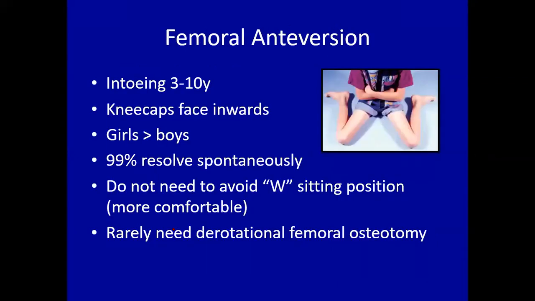So femoral anteversion is when the femur kind of rotates in. It's this in-toeing from 3 to 10 years old. The kneecaps face in. Girls greater than boys, 99% will resolve spontaneously. And you'll see them sitting in this W position just because it's more comfortable, because that's the way that their femur actually twists. Rarely there's a problem. So usually it's just a goofy way these kids sit.